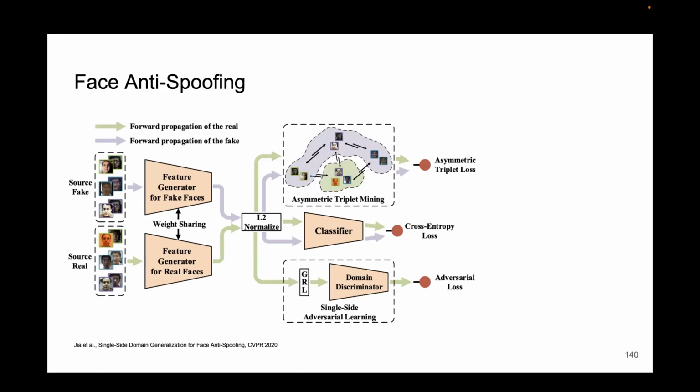They set up a domain discriminator in what they call single-side adversarial learning, because they only care about the real faces being well aligned, while leaving the fake faces with large cross-class and within-class variances.